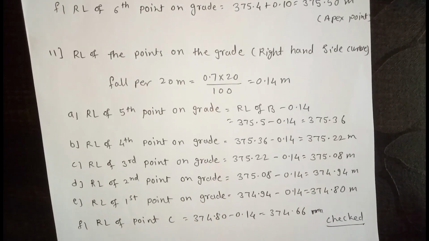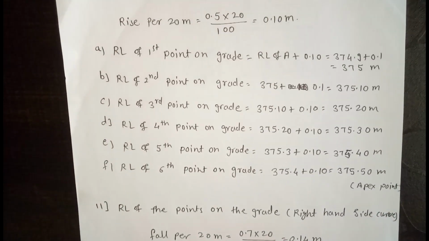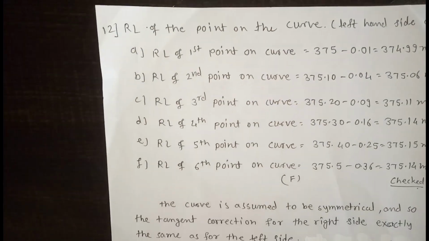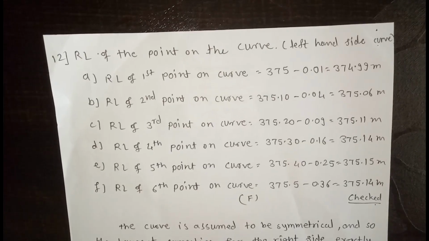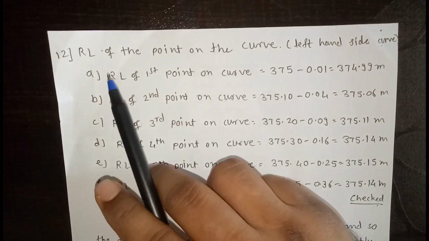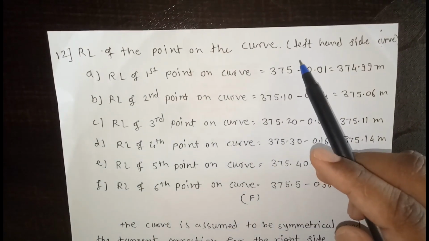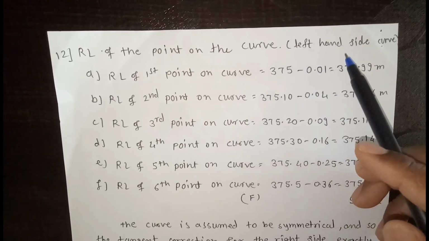After this, the next step is the RL of the points on the curve. First we have to calculate RL on the grade, then RL on the curve. First we consider the left hand side curve.